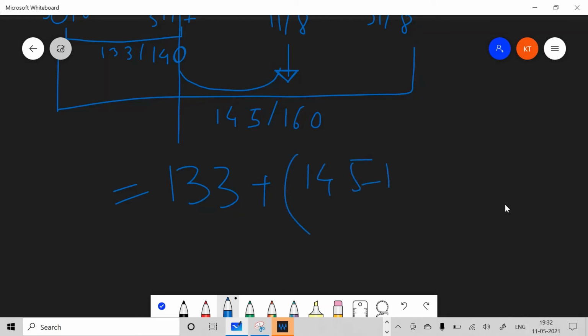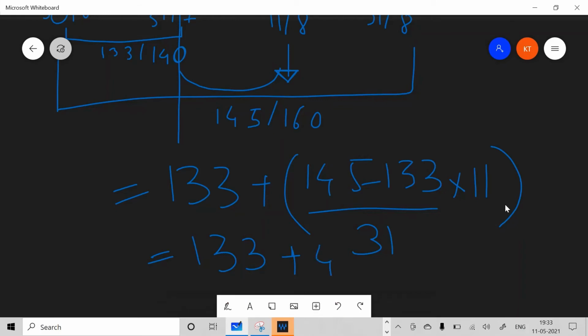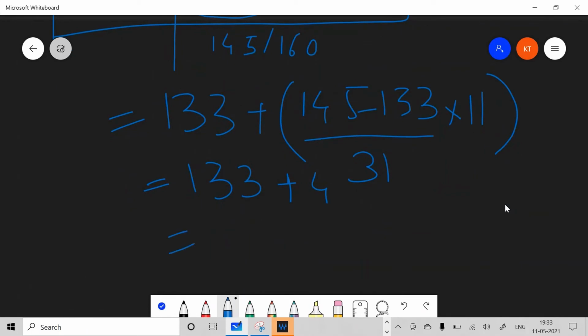This is the difference between the swap points from July to August, but this is for the entire period of 31 days of August. We don't want them, we need only 11 days. So on solving, if you solve this on a calculator you would get about 4, and this comes to 137. This is for bid.